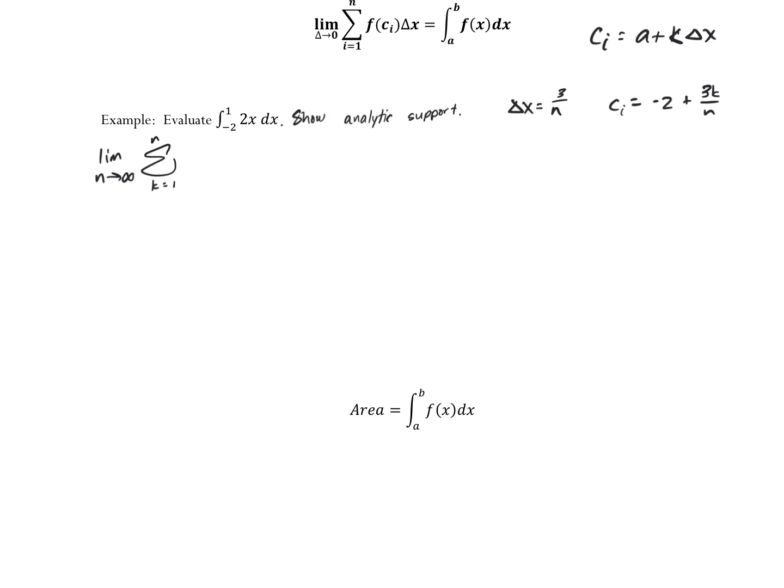All right, and so then f of c sub i would be 2 times negative 2 plus 3k over n. That's 2x, right? Times delta x, which is 3 over n. So would you guys be okay if I distribute a 6 over n?